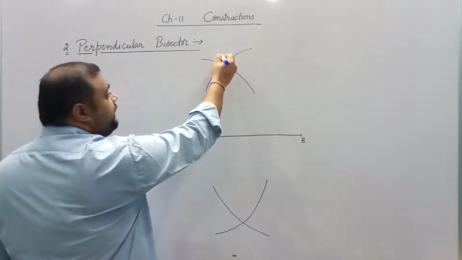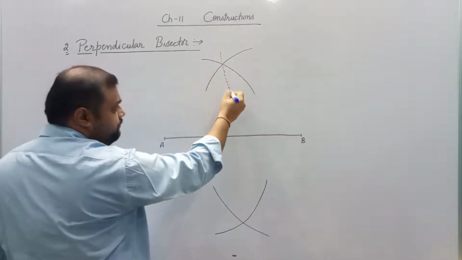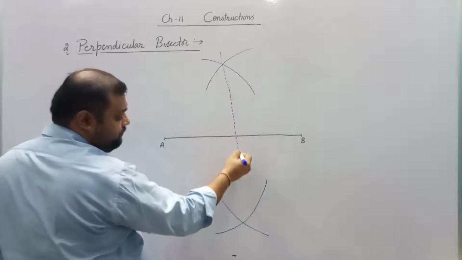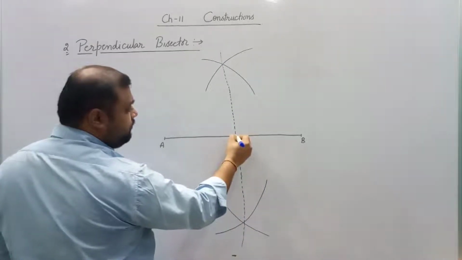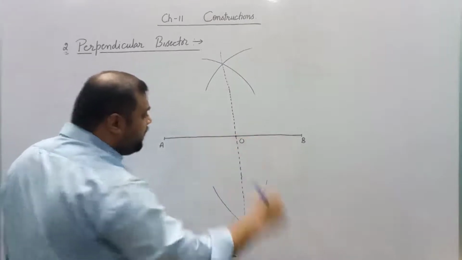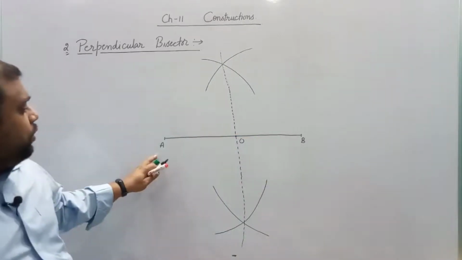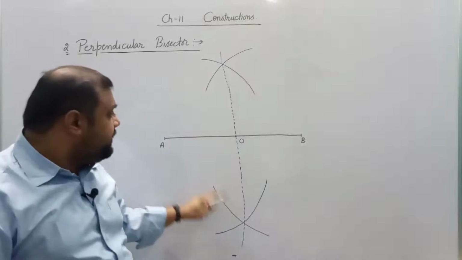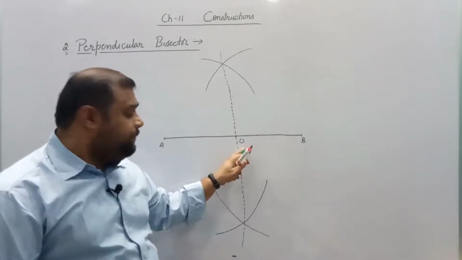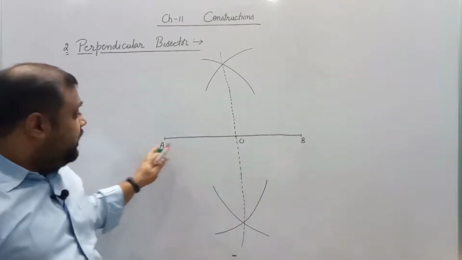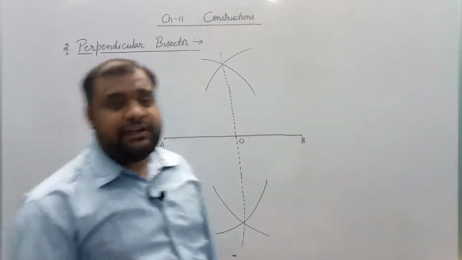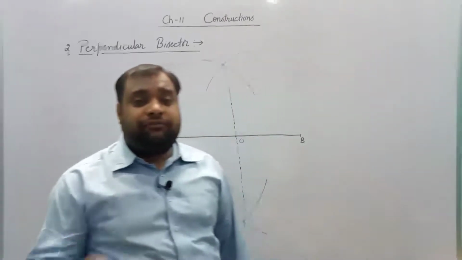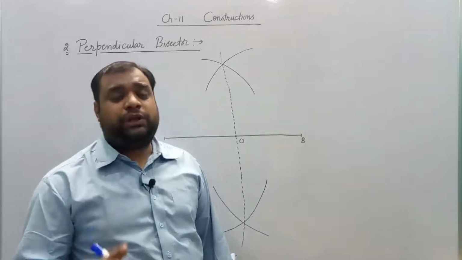Join these two points. Mark the point as O where the perpendicular bisector intersects AB. So AO is equal to OB. So what is a perpendicular bisector? It bisects a given line segment into two equal parts.